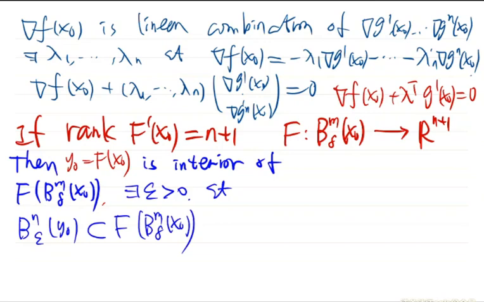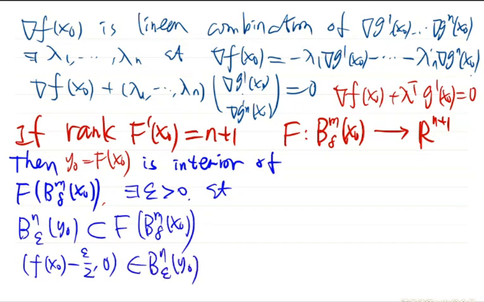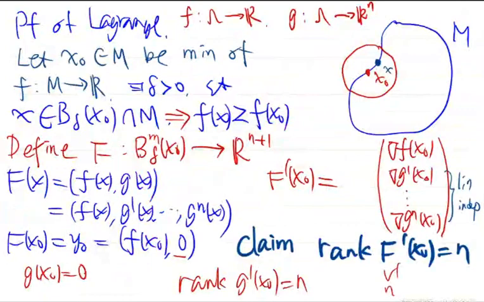But f(x0) minus half of epsilon, 0 belongs to the epsilon neighborhood of y0. What's y0? Y0 is here. Y0 is (f(x0), 0).